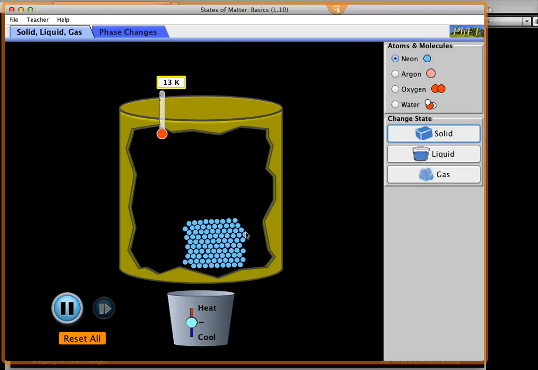It'll hopefully become a little clearer, but this is a first level judgment that we can perhaps make at this stage. Now I'm going to use this state control and change it to a liquid. Now it's still neon, but can you see that the motion is much more vigorous?